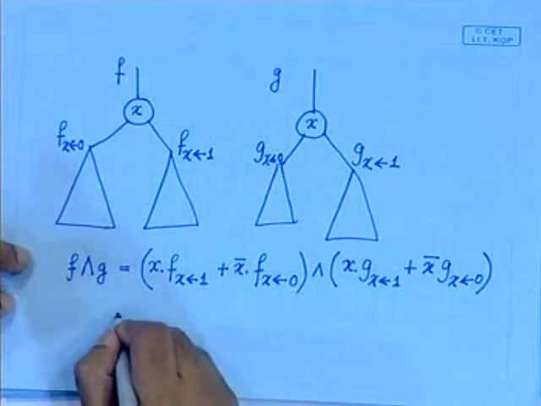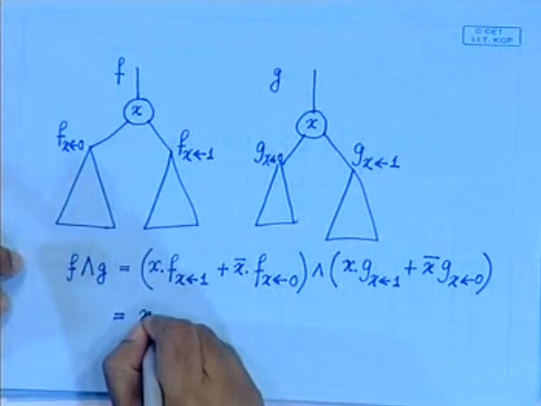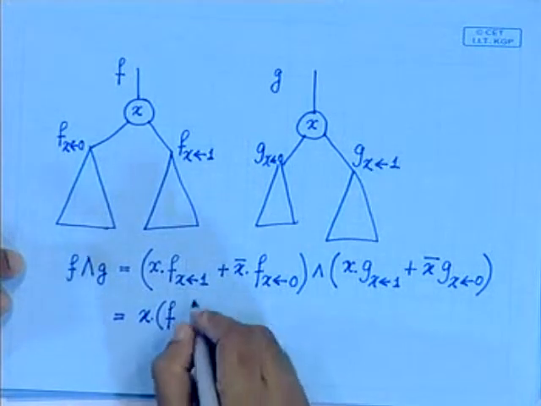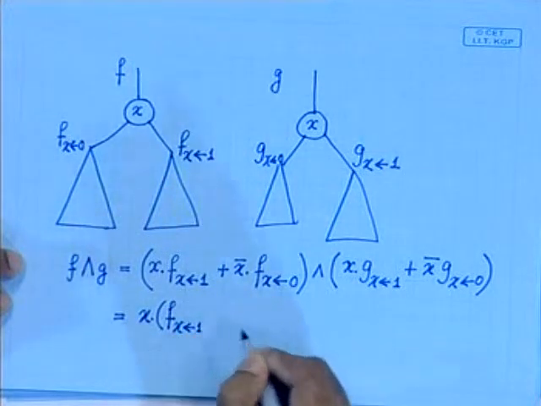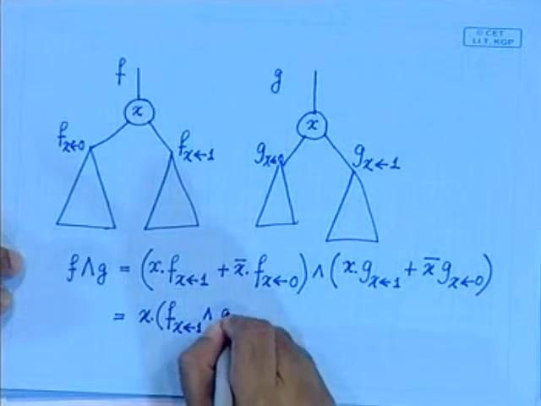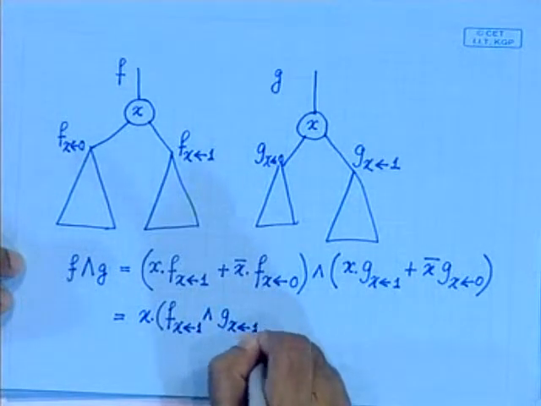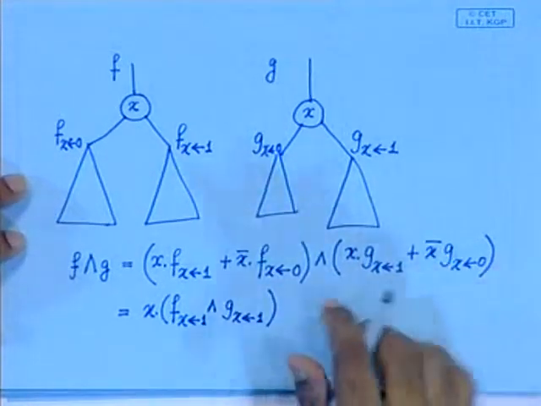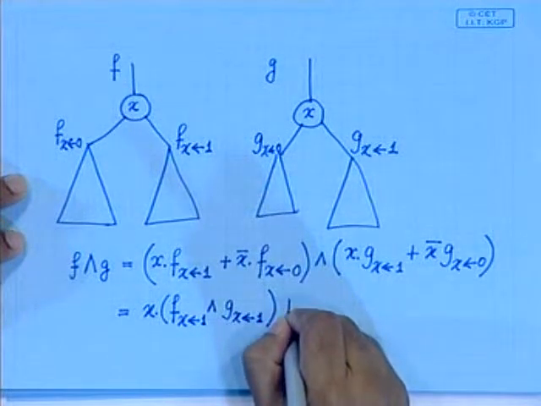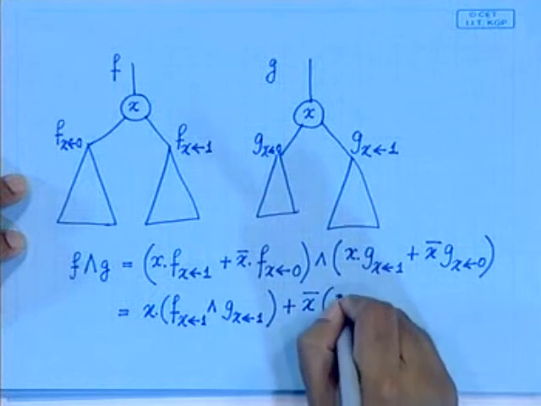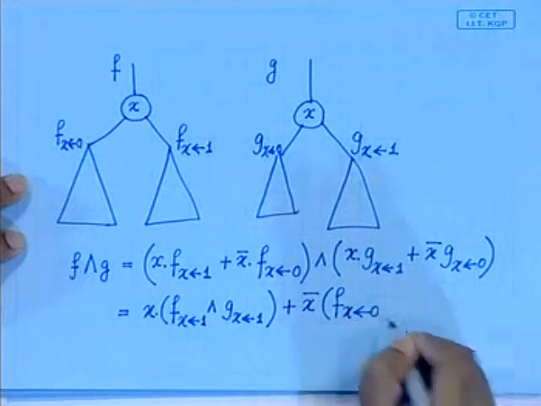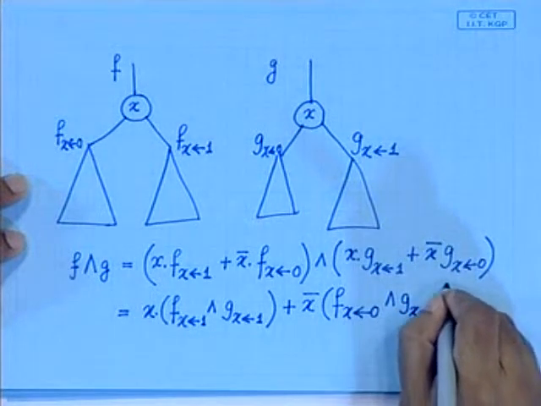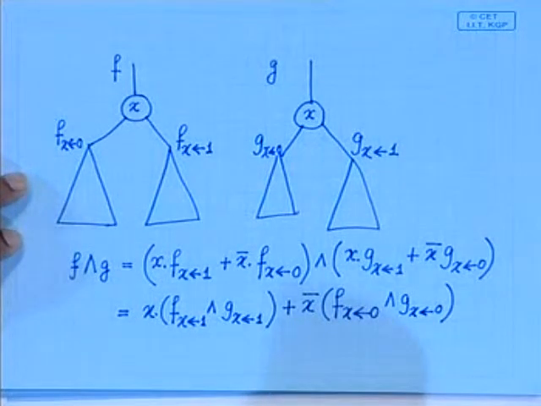So now I can rewrite this as: when I have x, then I have the and of the restricted functions, and then plus x bar with the restricted functions for zero.